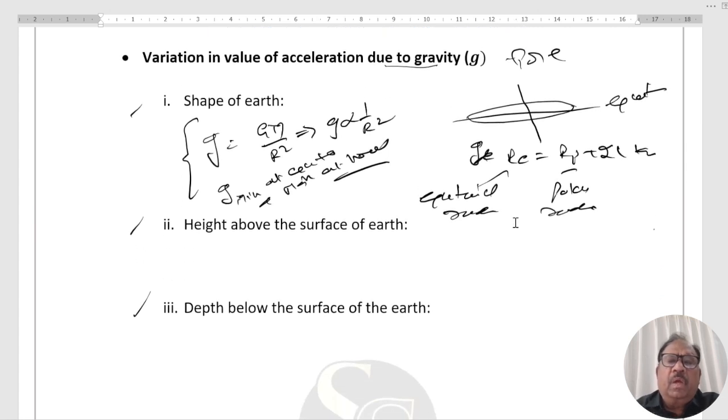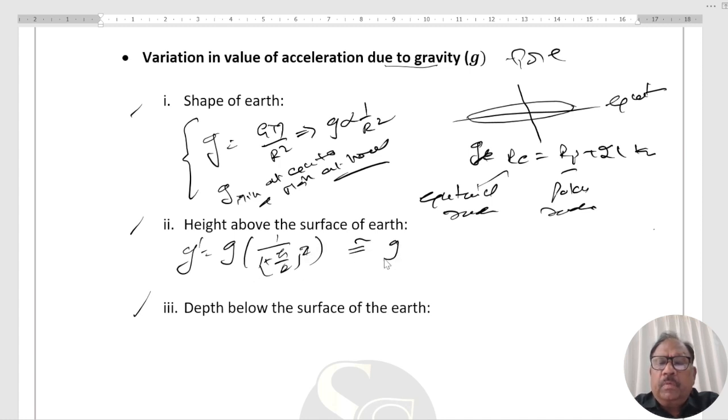Next, height above the surface of the earth. g dash equal to g into 1 over (1 plus h upon R) whole square, and g dash approximately g (1 minus 2h upon R). This formula is applicable when h is very, very less than R. Applying the binomial expansion, retain the first term.